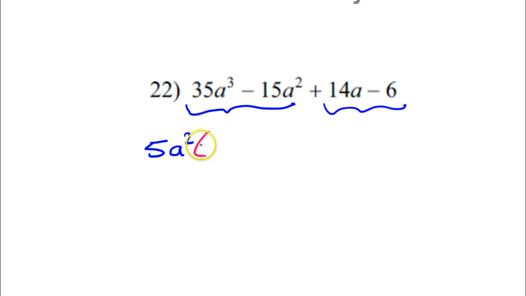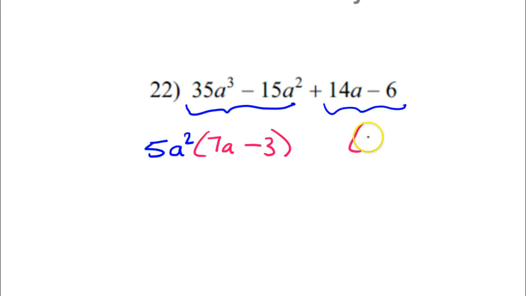So that's going to leave behind 5 times 7 is 35. A squared times a would make a to the third power. 5 times 3 is 15, and then a squared would make the a squared. So 7a minus 3 is what's left behind.